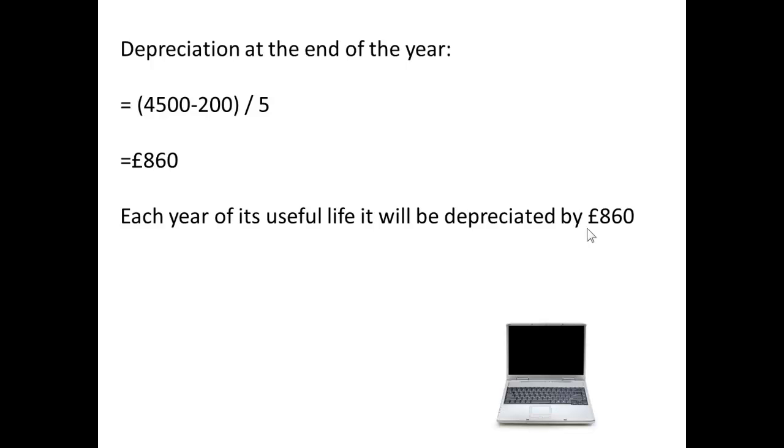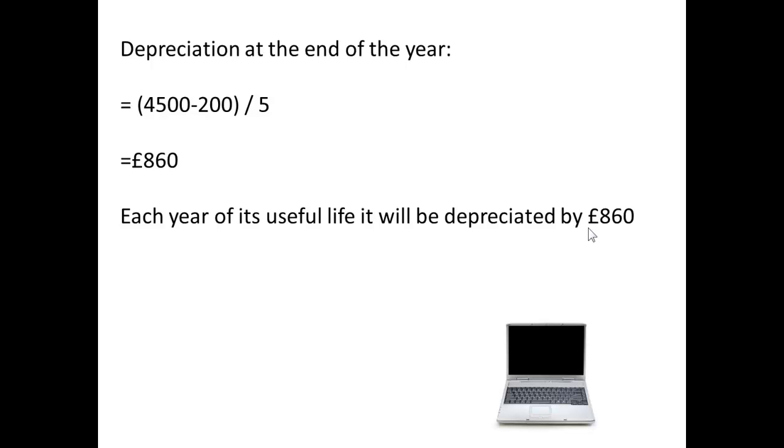At the end of the first year, we then have to calculate the depreciation, which, if it's on a straight line basis, will be 4,500, the cost, minus 200, the salvage value, divided by 5, which is the estimated useful life. And that comes to £860.